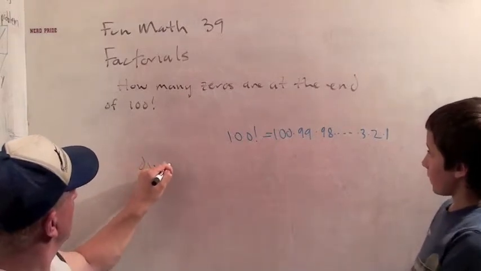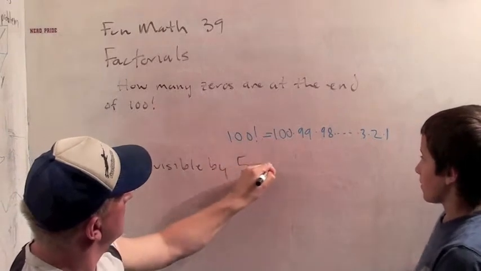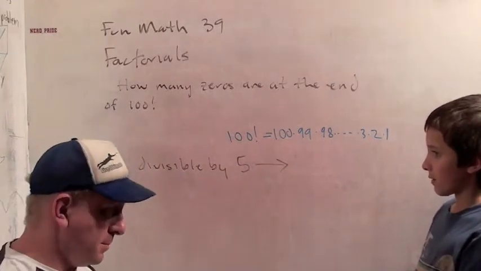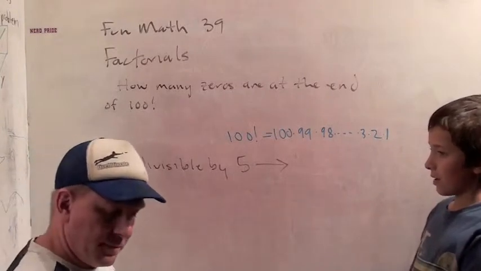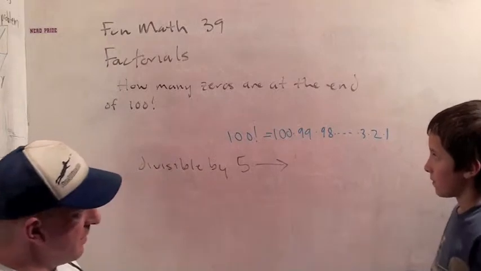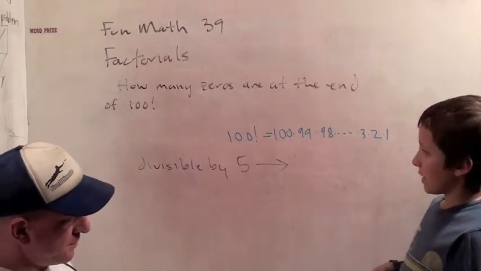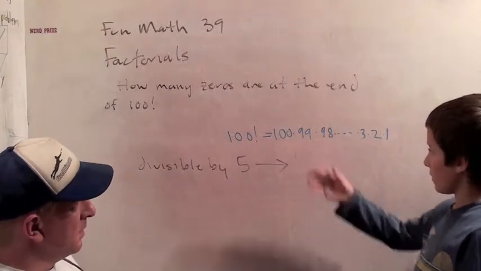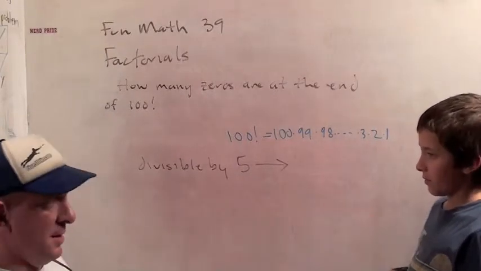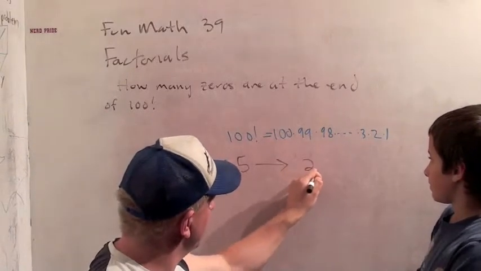There's 100, 95, 90, 85, 80, and so on. It's a fifth of the total numbers, and there's 100 total numbers, so a fifth of 100 is 20. There's 20 numbers divisible by 5.